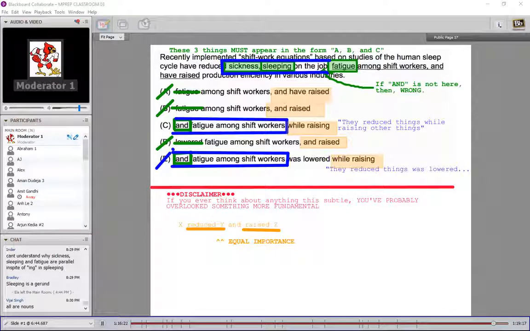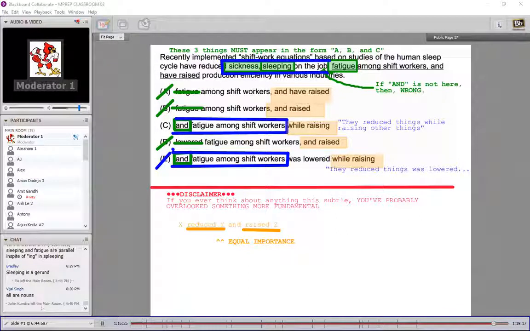You're saying that they have equal priority. Whereas if you have x reduced y while raising z, that last part's a modifier. By definition, modifiers have lesser importance than the main sentence, which is why they are modifiers. So in this structure, this is the main point, and this is a side point, and it's less important.